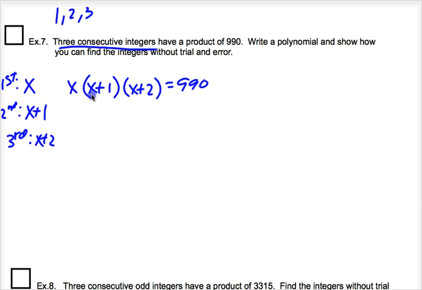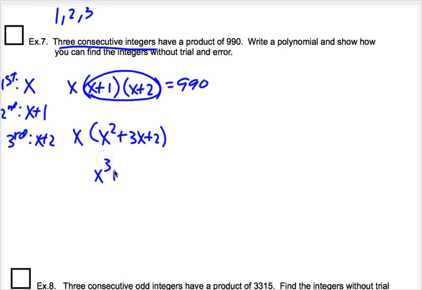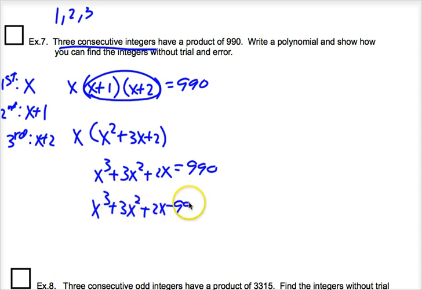Well, I'd probably FOIL these first and get x squared plus 3x plus 2. I distribute the x and then make it equal 0. Use my calculator to get an x to test to make sure that it does in fact work.